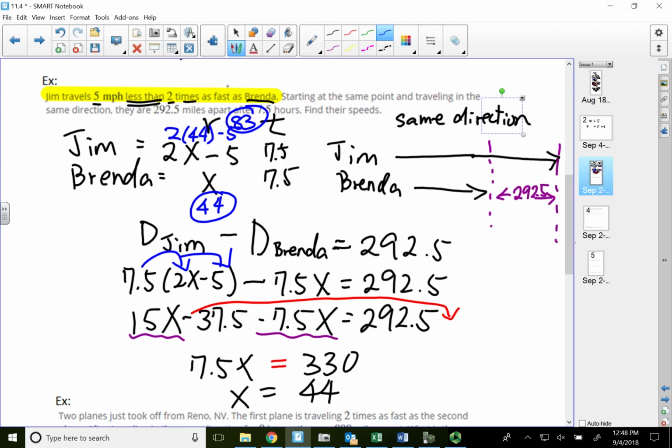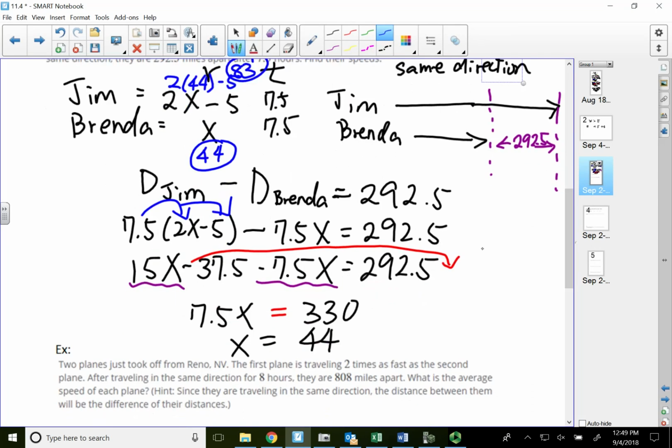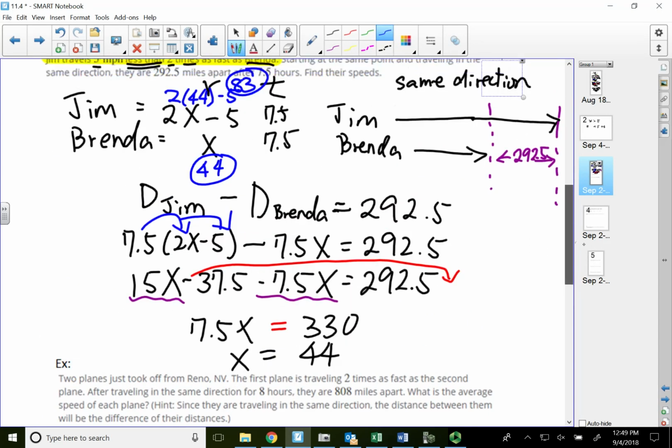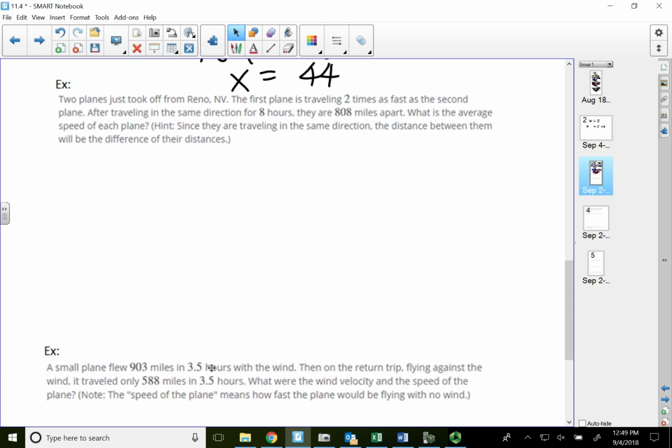So if I say Brenda is x, Jim is y, then y equals 2x minus 5. Then we can use the substitution method and still have the same equation right here. All right, traveling in the same direction, starting from the same point.